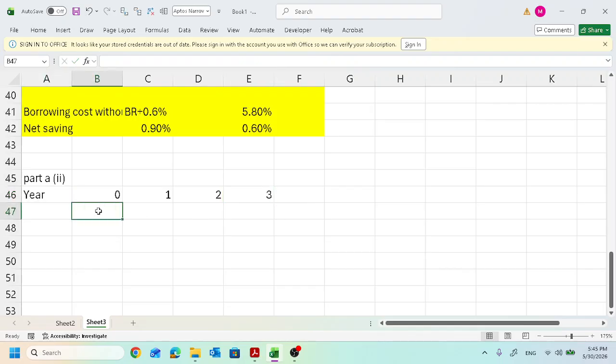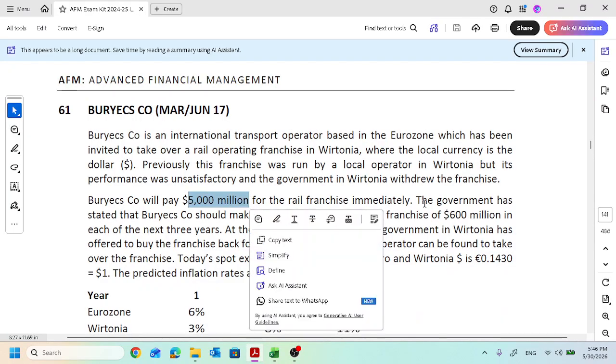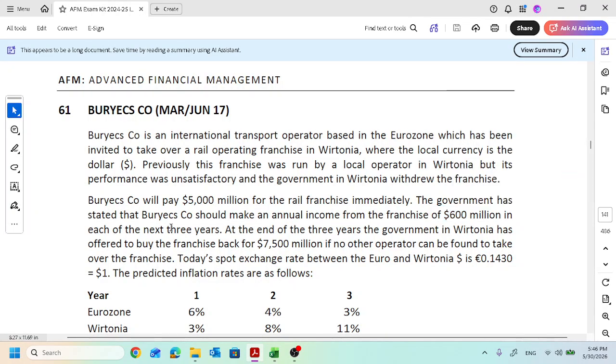You are investing in millions. So first we will do it in millions, then we will convert to pounds or euros. Initial 5,000 million dollars, minus 5,000. Then annual, they said 600. 5,000 is the initial investment, 600 million each of the next 3 years.